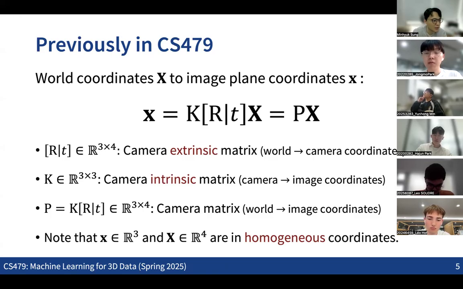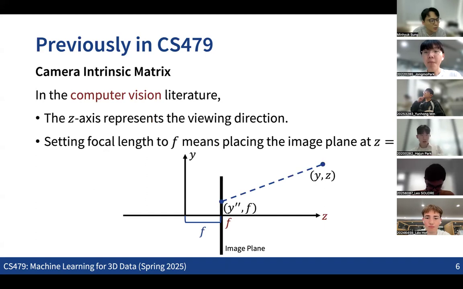So we can see this relationship across the coordinate systems. And especially for the camera intrinsic matrix, in the graphics literature, typically we set the Z direction as the viewing direction, the direction of the projection, right? So we have the Z-axis in a way that the image plane, the plane where we are projecting things, is placed on the positive region in the 3D space, right?